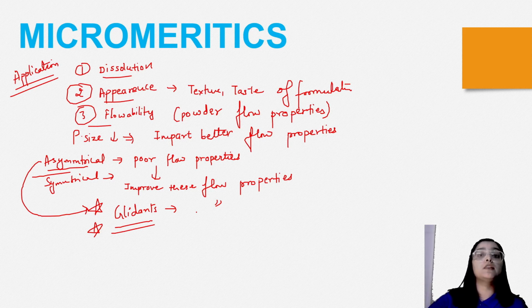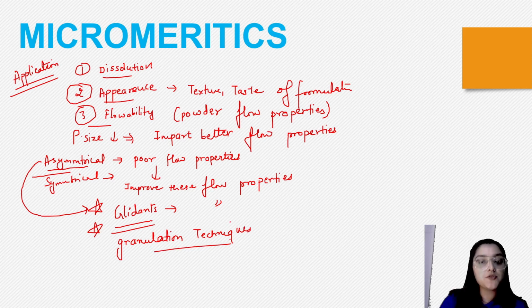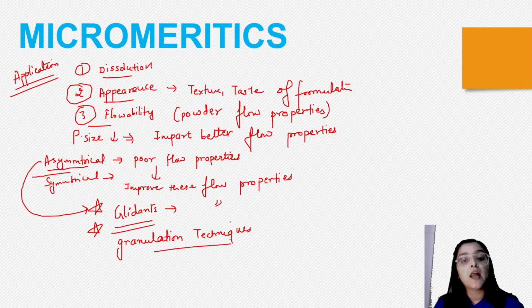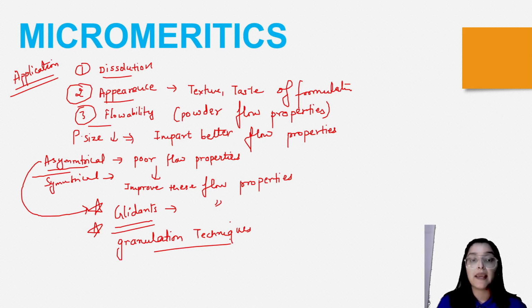You should tick the glidants without any doubt. Except glidants, there are some granulation techniques also which can help you increase the powder flow properties, right? Just mention them. Asymmetrical particles will offer poor flow properties. Glidants can help you improve the powder flow properties, and the granulation techniques also can help improve them. Okay, right?